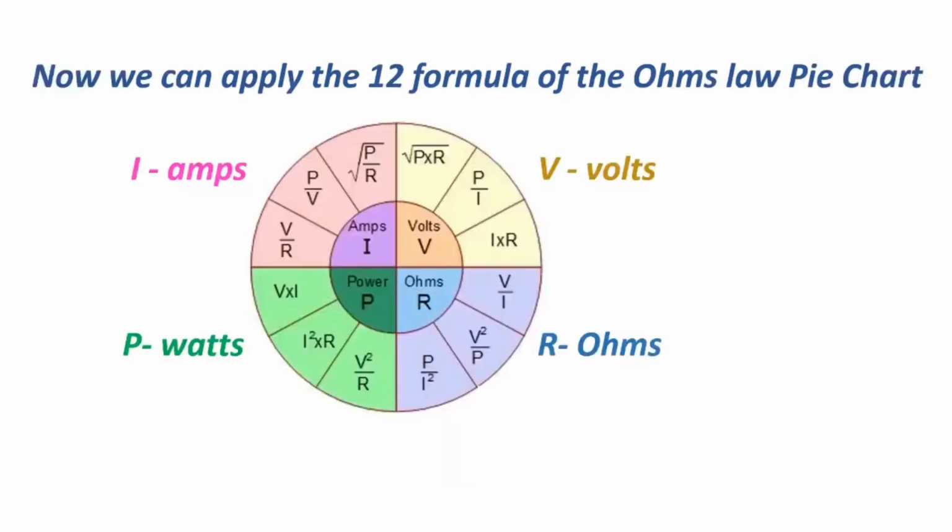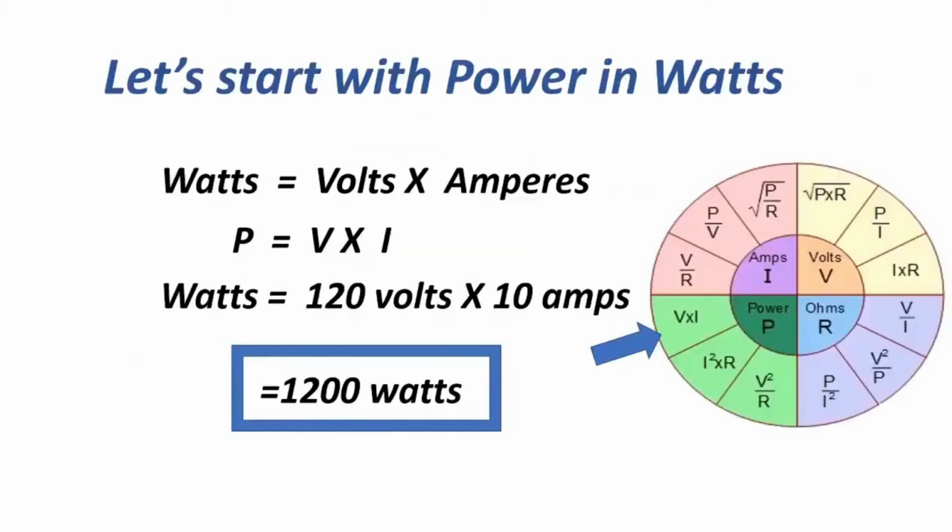Now let's proceed to the next part of our discussion, the Ohm's law pie chart. Now we can apply the 12 formulas of the Ohm's law pie chart. Let's start with the power in watts. Watts equals volts times amperes, or P equals V times I, equals 120 volts times 10 amperes equals 1200 watts.